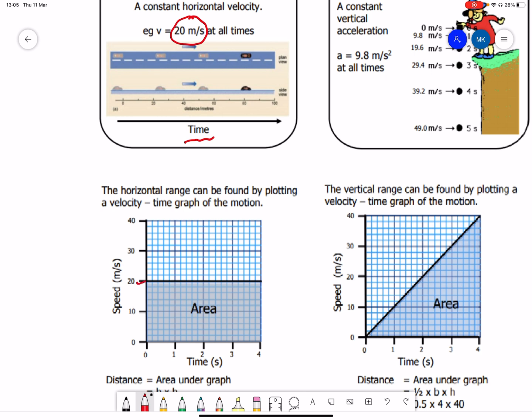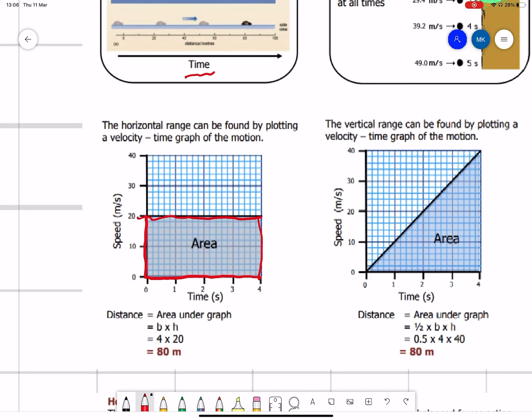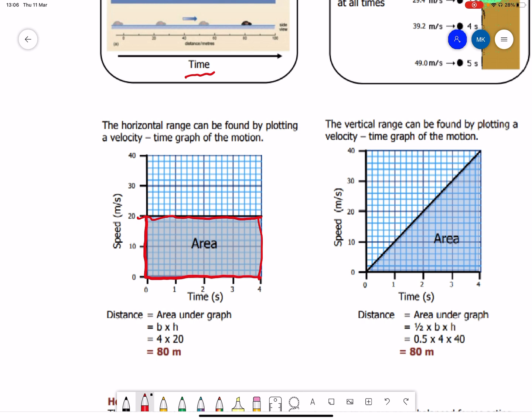It's a constant velocity of 20 meters per second over 4 seconds. So therefore we can calculate the distance that that has travelled by doing the area under the graph. Area of a rectangle, base times height, 4 times 20 is 80 meters.